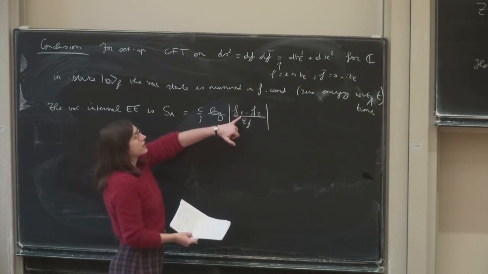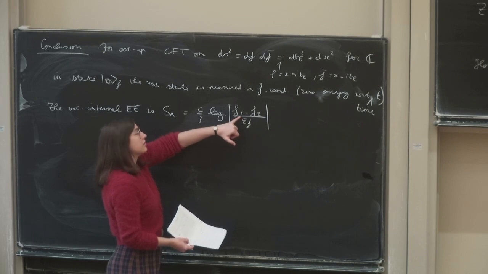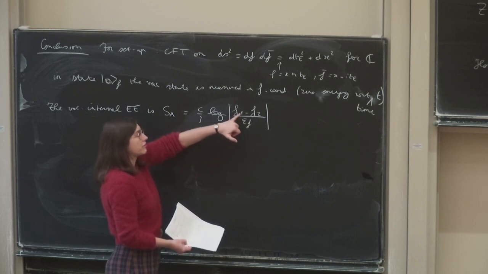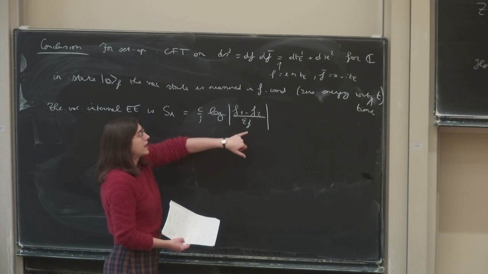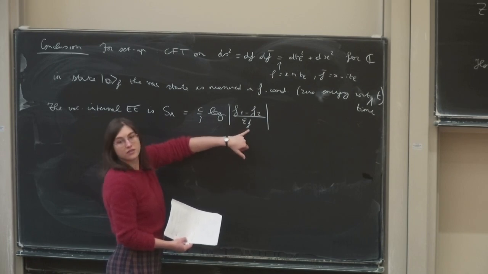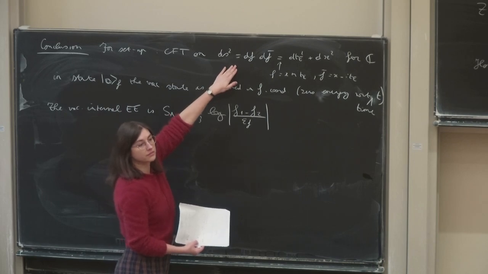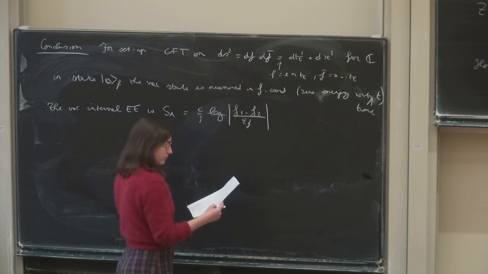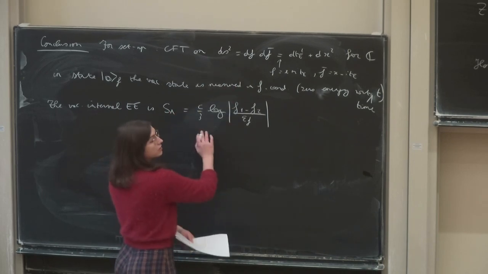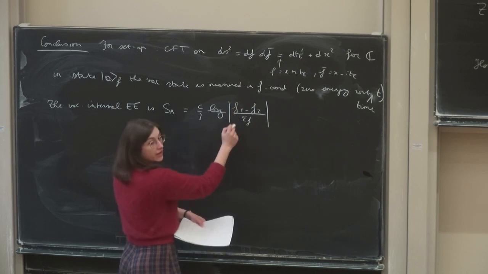Now I write the length of my interval as the absolute value of f1 minus f2. And I include in the UV cutoff a subscript, indicating that this is the UV cutoff in these f coordinates on the df d f-bar metric, okay? But it's really the same result as before, where I just had log of L over epsilon.